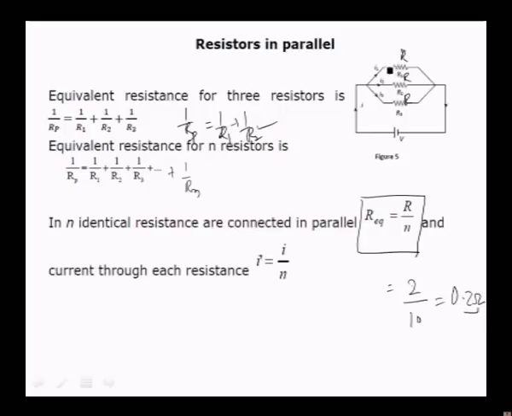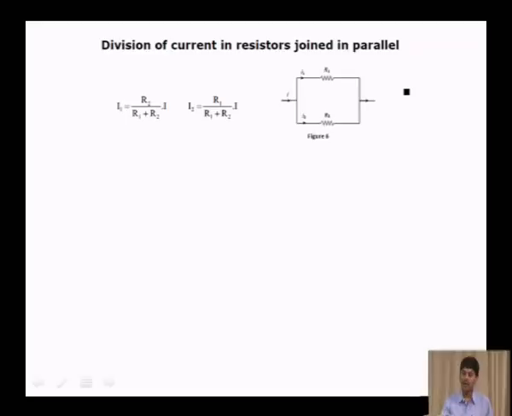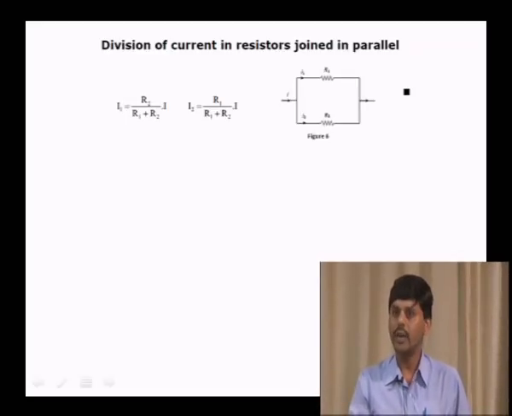Similarly, in this case for all the resistors, the potential across each is the same, and the current divides. The current in each resistor, I dash, is equal to I divided by n. This is applicable only when all the resistors are equal. Division of current in resistors joined in parallel.